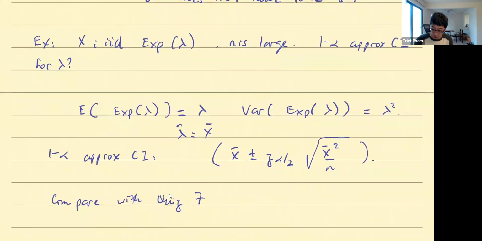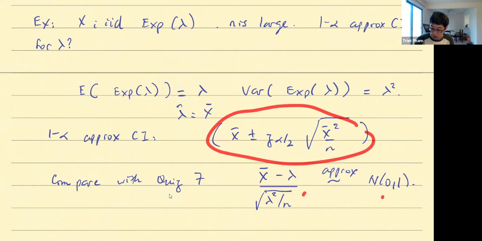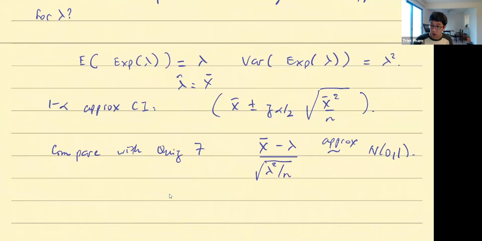So in other words, X bar minus lambda divided by the square root of lambda square over n is approximately normal. Do you agree? From the central limit theorem. Now, obviously, having lambda square here is problematic. I hope by now pivoting is very natural to you. If you use this and you pivot, you'll get this, but with lambda square, and that's not acceptable because lambda is unknown. So you use Slutsky's theorem to allow you to do this.